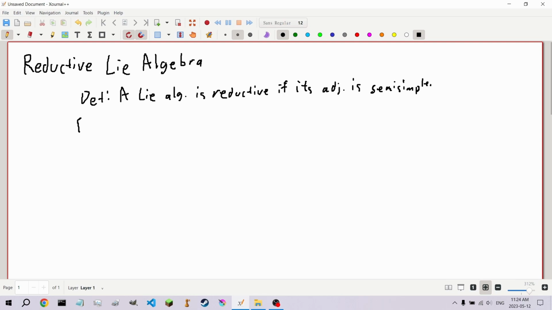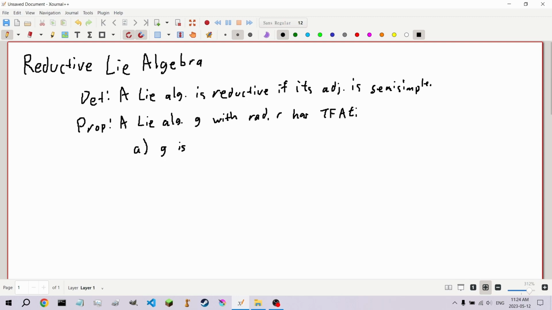And of course comes with a proposition. It says a Lie algebra G with radical R has the following are equivalent. I kind of worded it weird, but we're setting up the Lie algebra G and radical R, and so the following are equivalent.